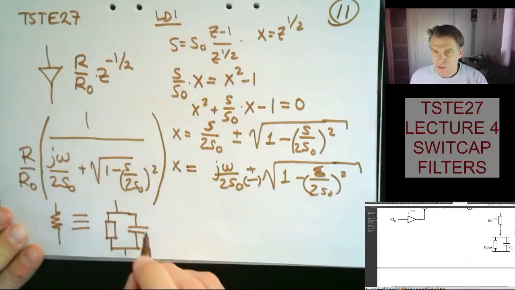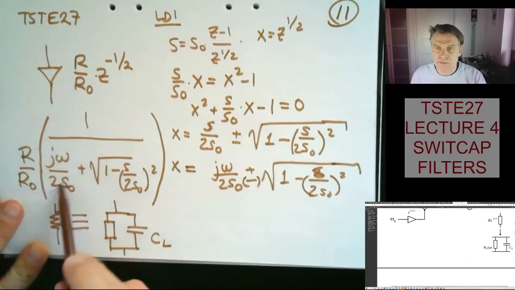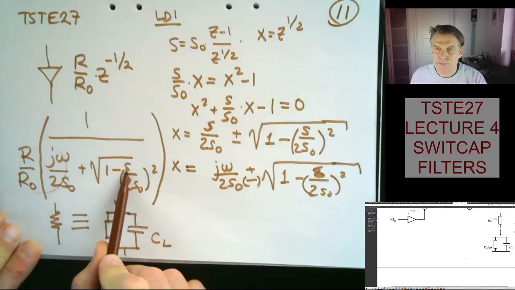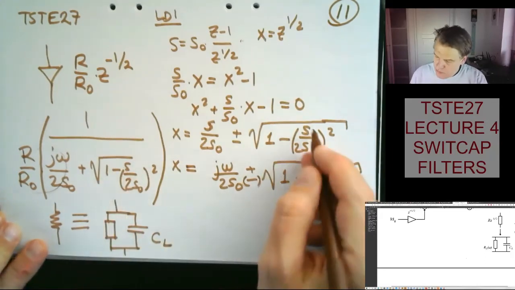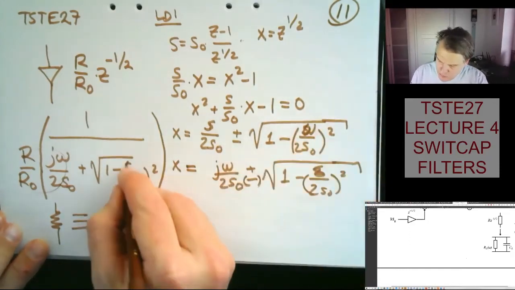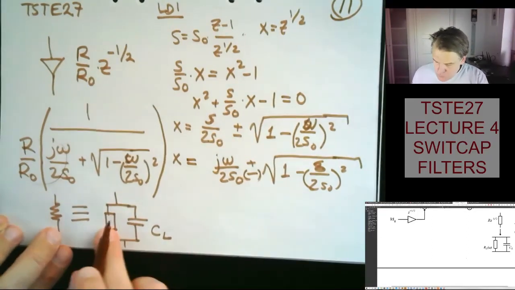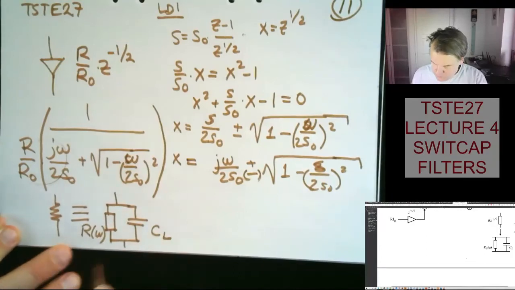So they are equivalent with a capacitor, CL, which is given by this factor here. And then there is also a frequency-dependent variable here. It's minus because we have j omega. I'm a bit sloppy here. So that should be omega, and j squared is minus. And then I have a frequency-dependent resistor here, R times omega.